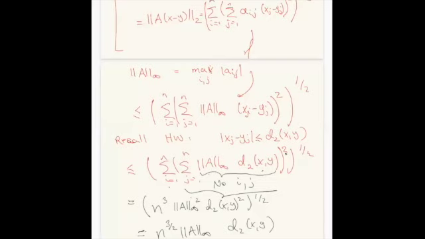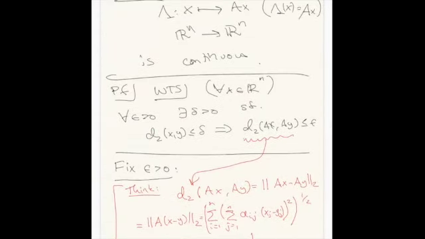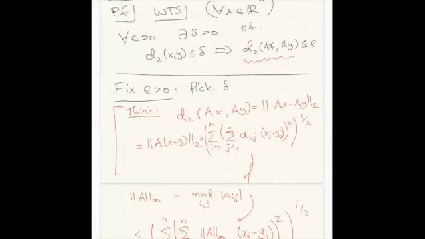So we want to make this less than epsilon. So we have to pick a delta here. So we pick a delta equal to epsilon divided by that factor, divided by the A infinity norm times n to the 3/2.